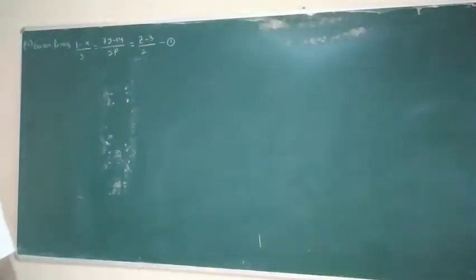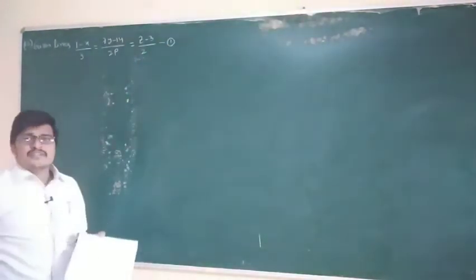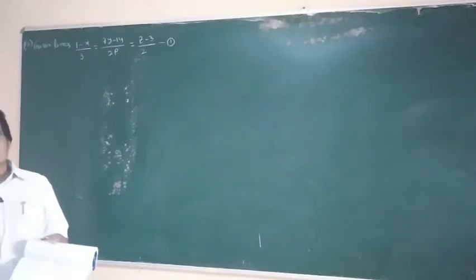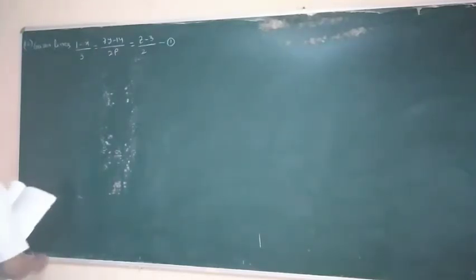Is this the vector equation or the Cartesian equation? This is the Cartesian equation, nothing but in terms of x, y, z, x1, y1, z1.